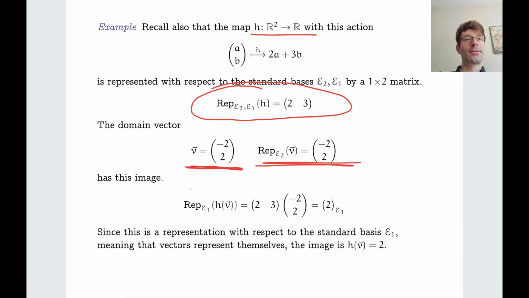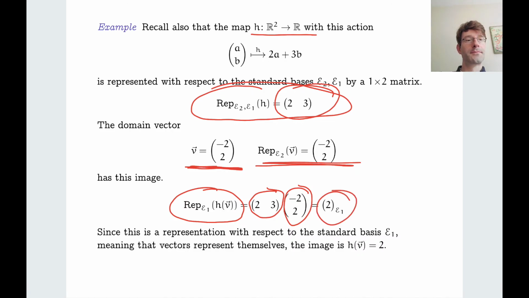And now in order to get the representation of H of V with respect to the standard basis, we multiply the matrix that we've obtained earlier with this vector to get 2. And that is a representation with respect to the standard basis E1 of the vector space of real numbers. So that means H of V is 2.